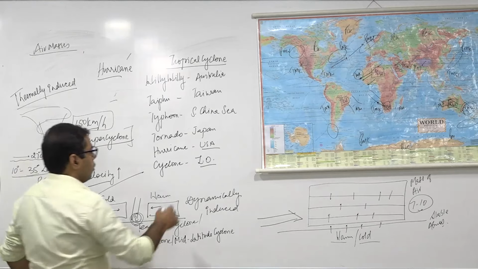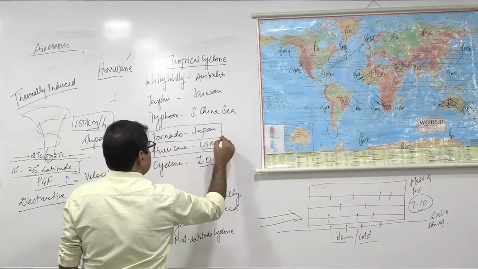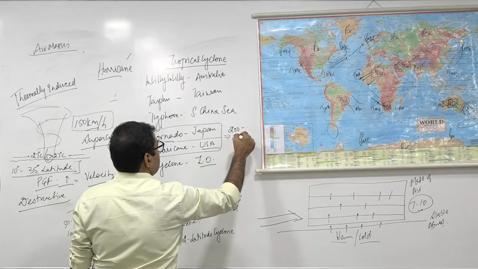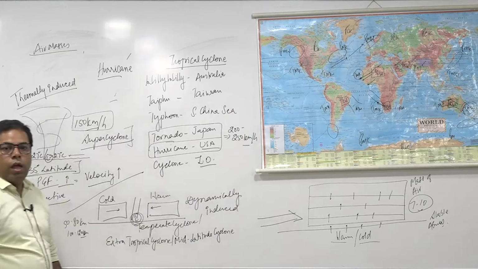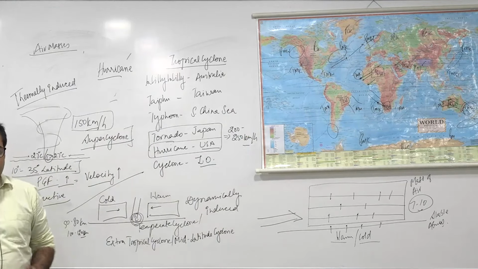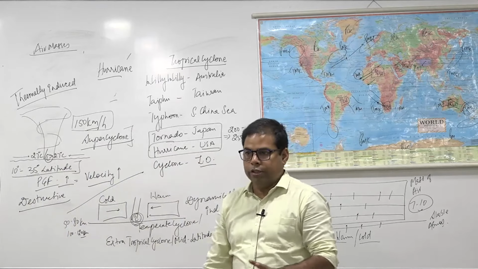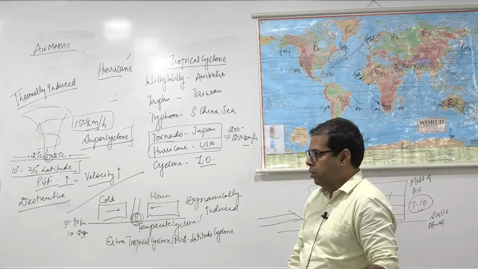But the wind velocity in hurricanes and tornadoes goes beyond 200 to 250 kilometers per hour. And this is new research in recent times, it came just the day before yesterday, a World Meteorological Organization report has come. Yesterday only I read that report.